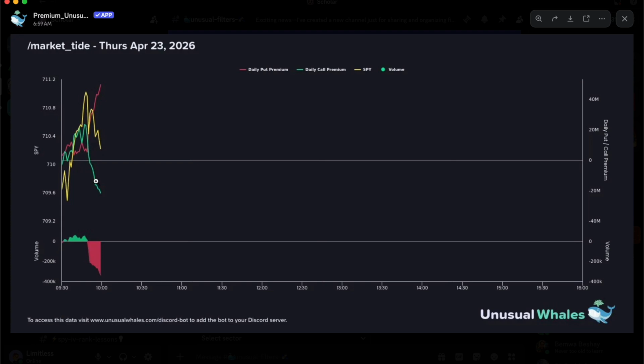By using a reformed approach in the theology of how data is plotted on an X and a Y axis, we were able to notice that net call premiums are positioned lower on the Y axis, as low as 709.6, while price was still trading at about 710. So we anticipated that, based off of the price to premium gap theory, the price would then catch up to the positioning of the premium, which would put price right about 709.6.